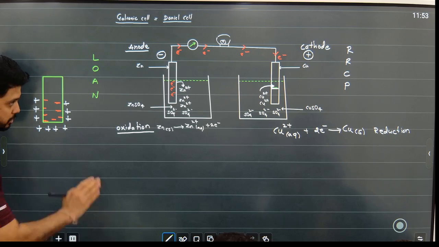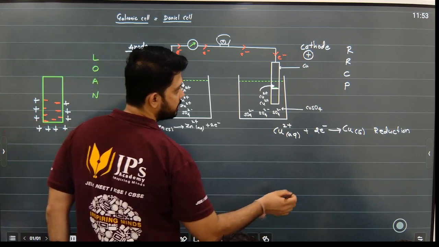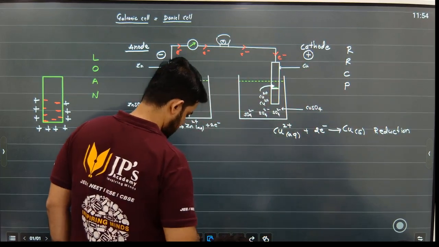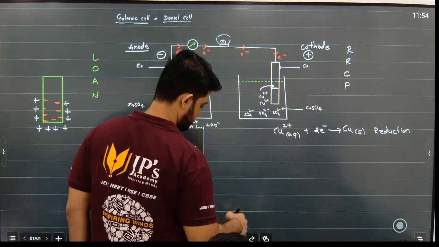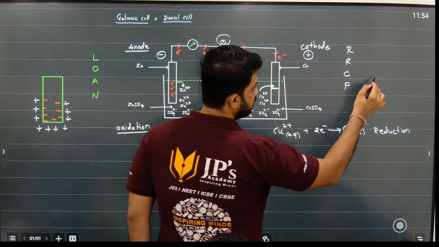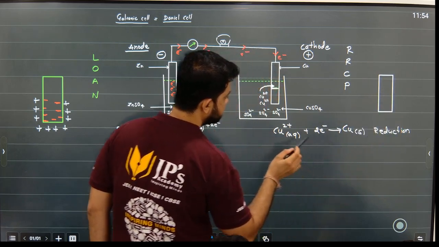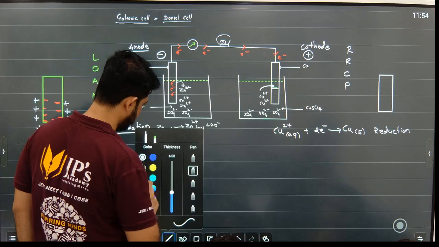Getting that? And now what's happening on this side? Cu2+ is deposited on the electrode, which means the solution has excess of which ion? SO4 2-. Are you getting that?